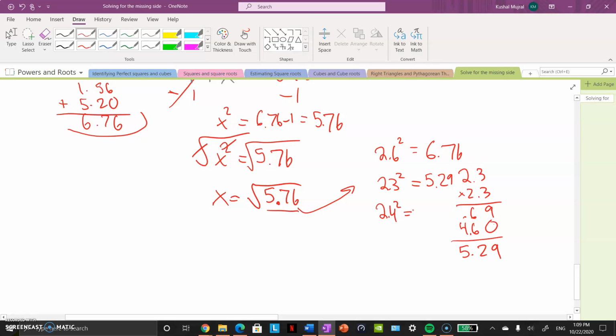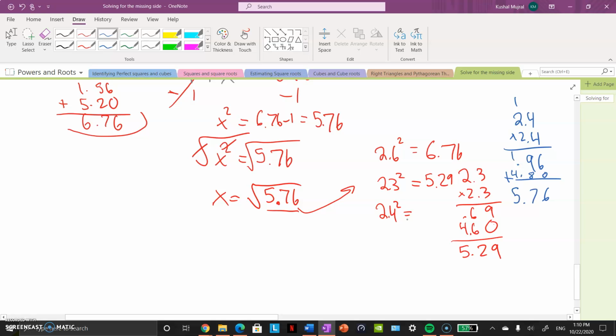Okay, so go over here. 2.4 times 2.4 is 0.96, sorry, this is the plus 1 over there. This is 0.96. And we're adding this to 4.80, and this becomes 5.76.